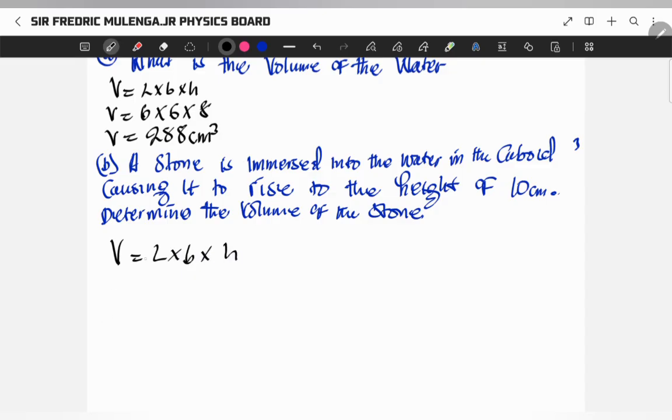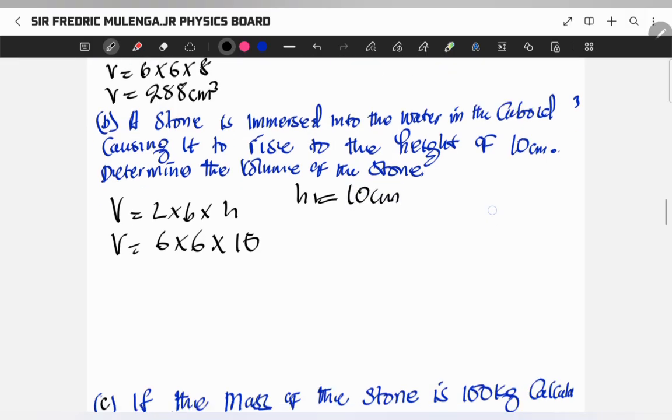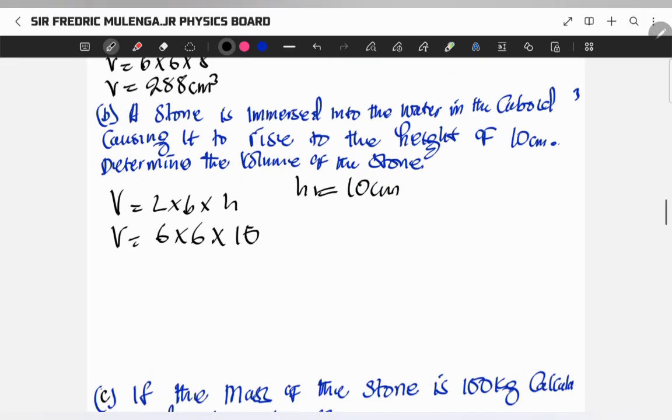So this time around it will be 6 times 6 times 10, because the height now became 10 centimeters. So this just gives us a volume of 360 centimeter cubic.